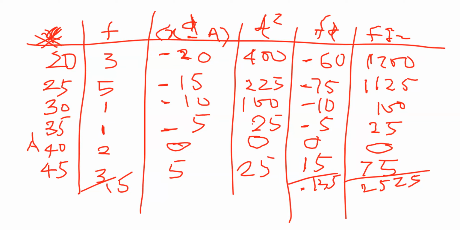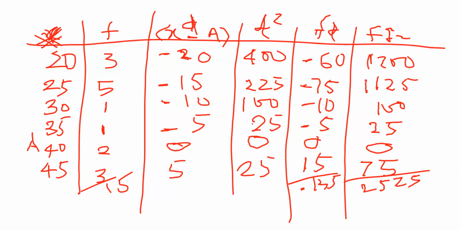This is how to do it. You open bracket, minus 20, close the bracket, raise to power 2. It will give you 400. Because minus 20 squared simply means minus 20 times minus 20, and in mathematics, you know that minus times minus is plus.